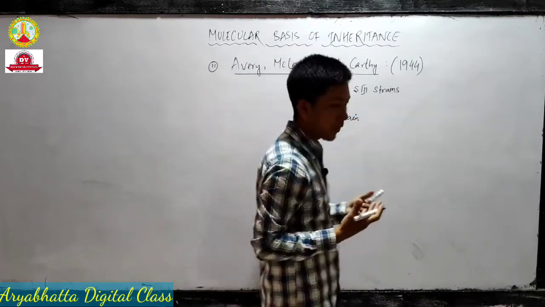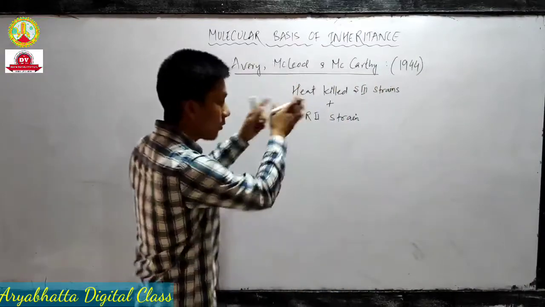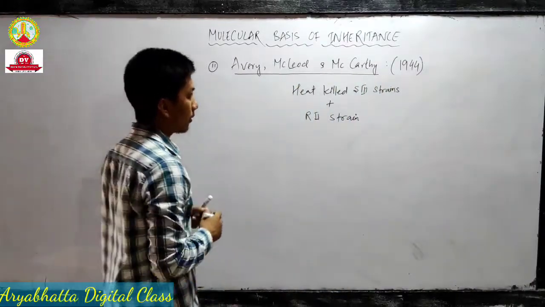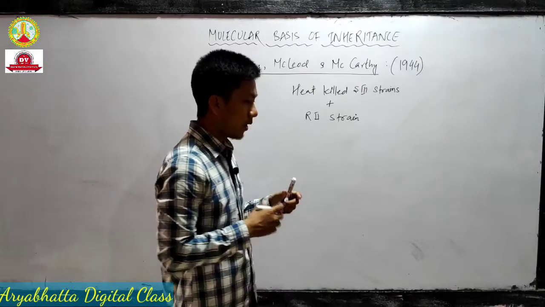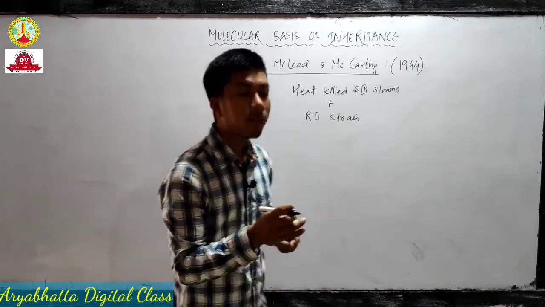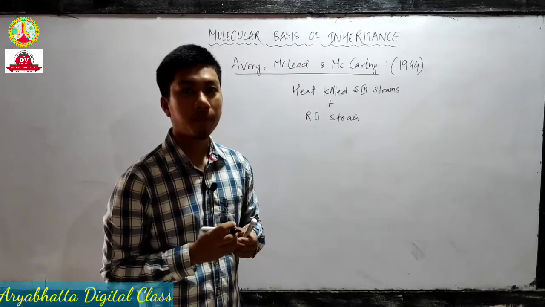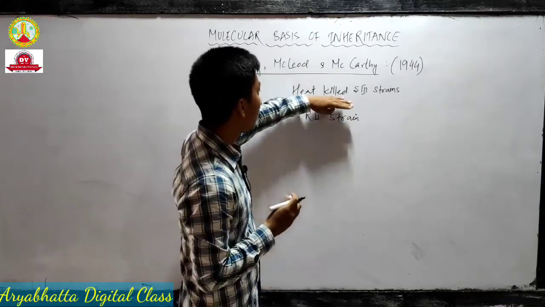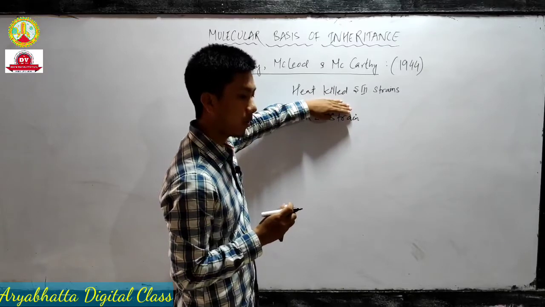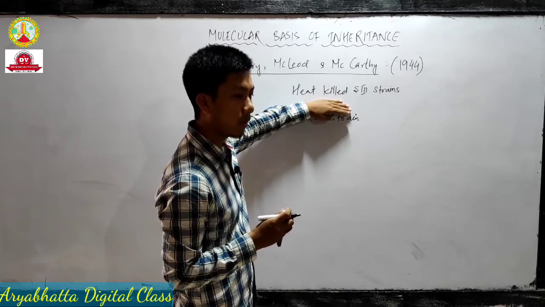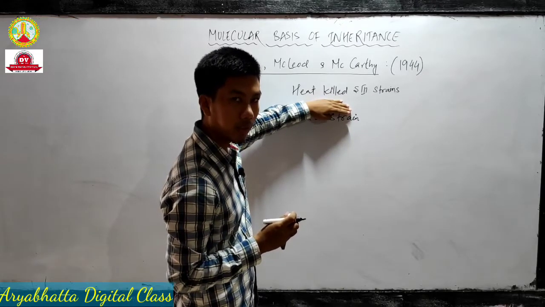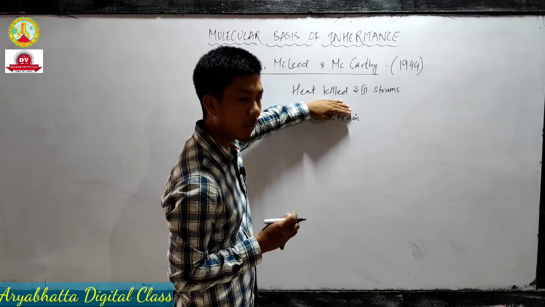So this is the Griffith experiment only. They just continued it. Heat-killed means they heated it in a fire for some time. When only the heat-killed S3 strain was used, they found that the mice live.